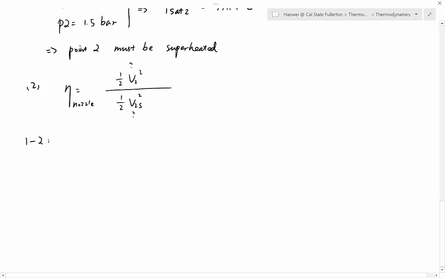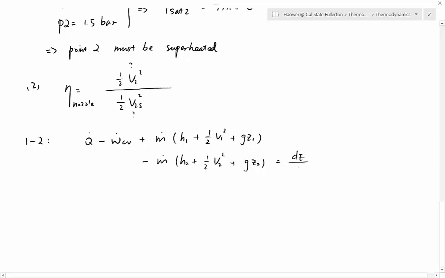And we apply first law to this process. Because this is a control volume, we have to use the long version: Q dot minus W dot CV plus m dot (H1 plus 1 over 2 V1 squared plus gz1) minus m dot (H2 plus 1 over 2 V2 squared plus gz2) equals dE/dt on the right-hand side.